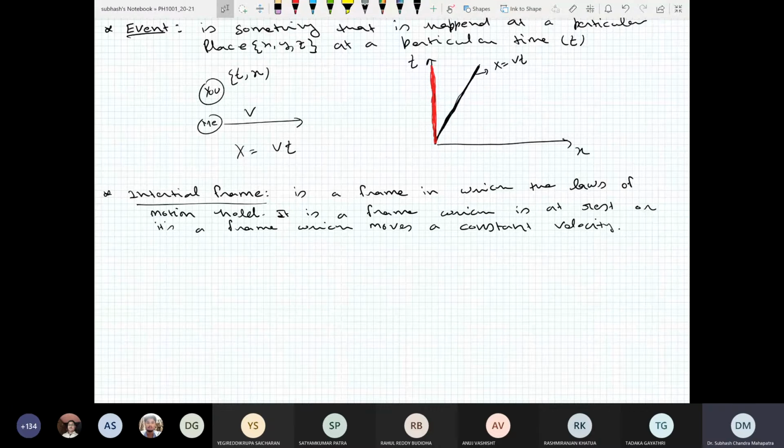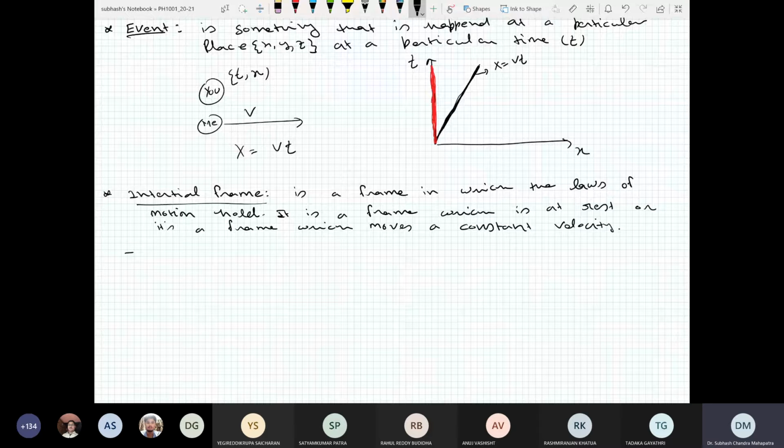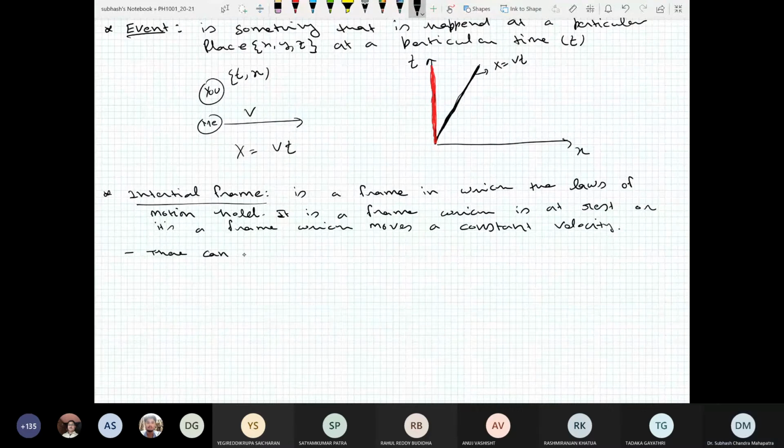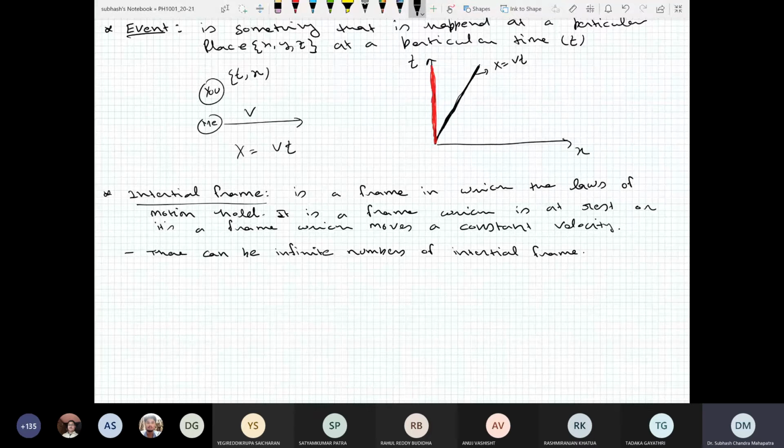So as you can see, there is no unique inertial frame. There can be an infinite number of inertial frames.